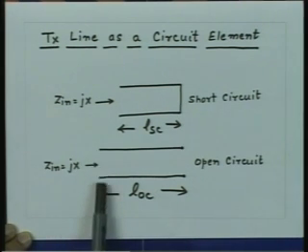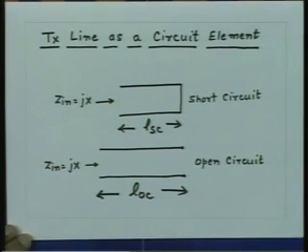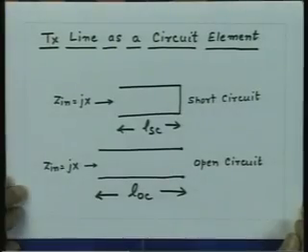If the input impedance of the line is close to infinity, then the line behaves like a parallel resonant circuit. And once the circuit behaves like a resonant circuit, then the natural question to ask is, what is the quality factor of this resonant circuit? And that is the thing essentially we are investigating now, that if I consider this section of a transmission line as a resonant circuit, then what is the quality factor of this resonant circuit?